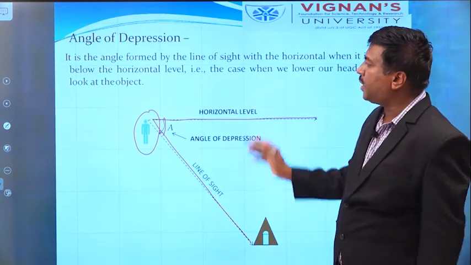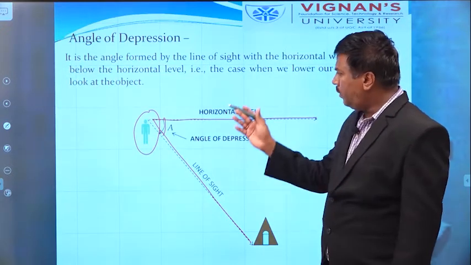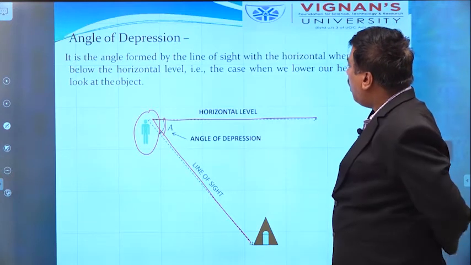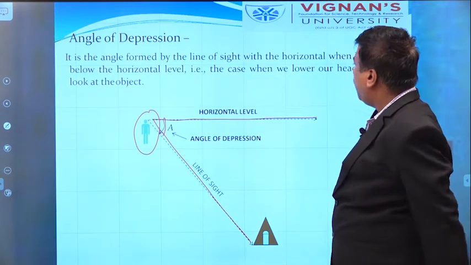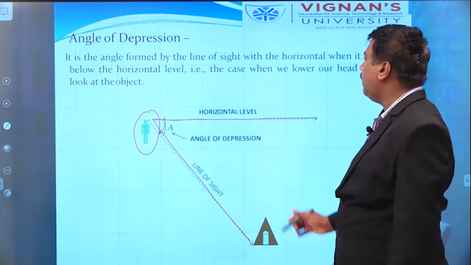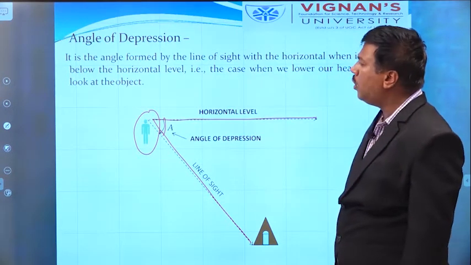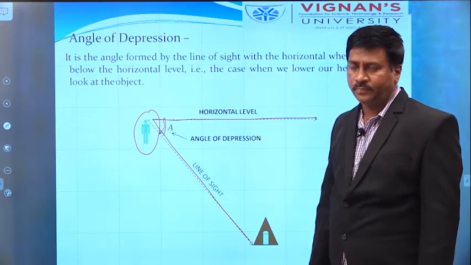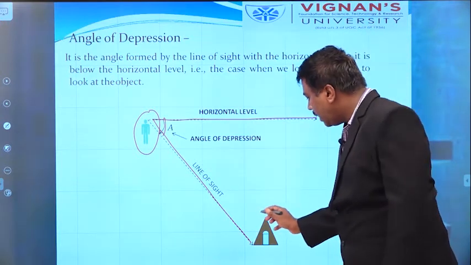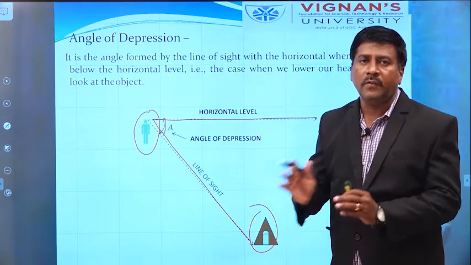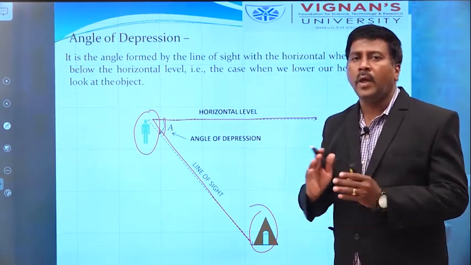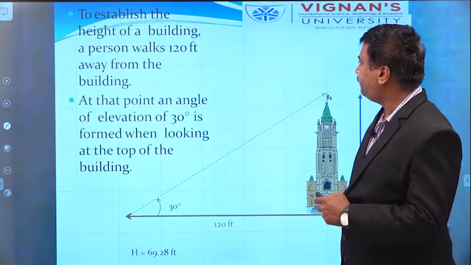And angle of depression means the angle formed by the line of sight with the horizontal when it is below the horizontal level, that is, when we lower our head to look at the object. This is the major difference between angle of elevation and angle of depression.